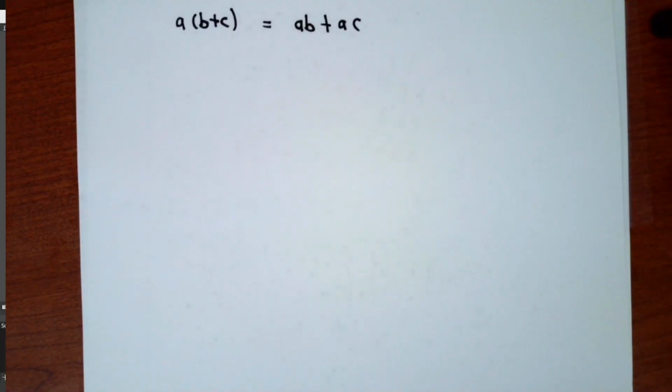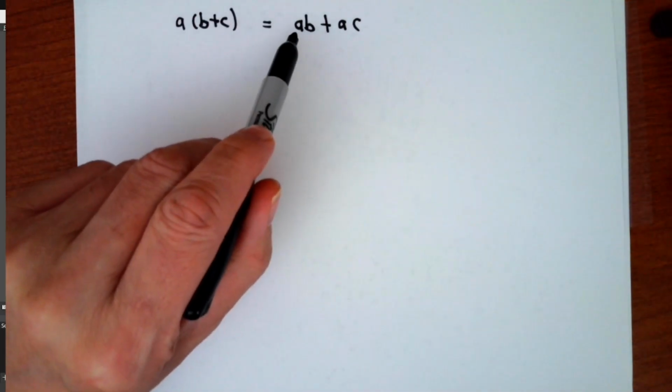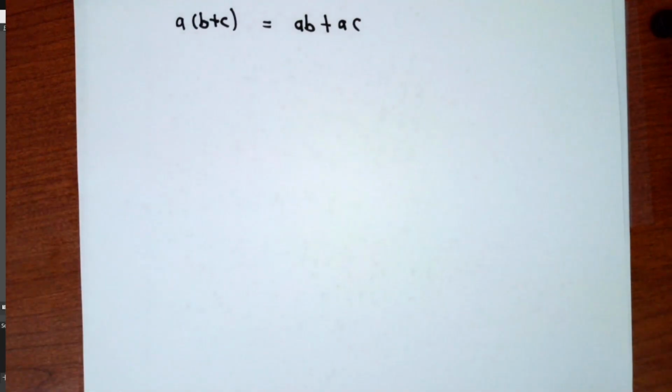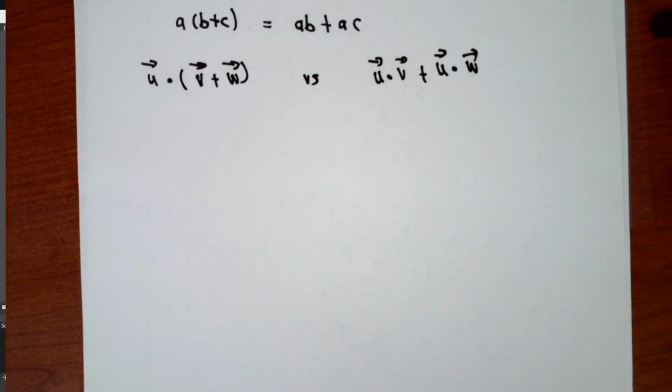In ordinary algebra and arithmetic, we have what's called the distributive law. a multiplied by the number b plus c is the number ab plus the number ac. In this new setting, working with vectors, is this still true? I want to look at these two expressions and see if I can convince myself that they're the same, or maybe, depending on how the details go, maybe I'll see that they're not the same.